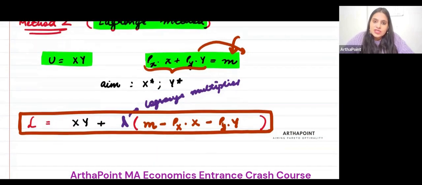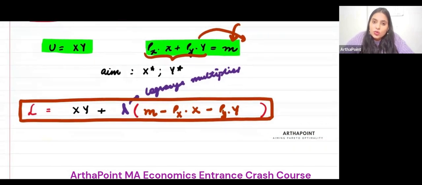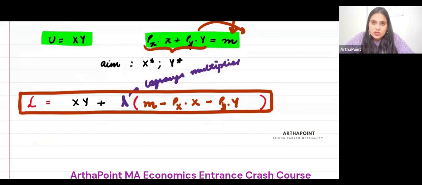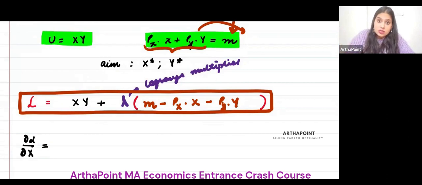Once you form this Lagrange, you are supposed to differentiate this with respect to X, Y, and lambda. So differentiate this with respect to X. What will I get? Whenever you differentiate with respect to X, you will hold Y constant.